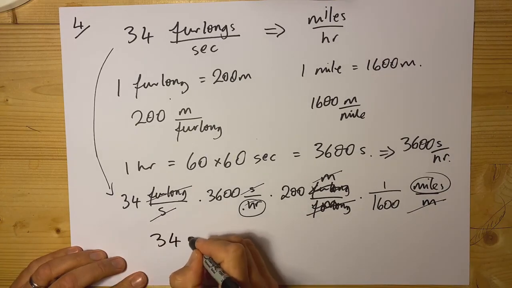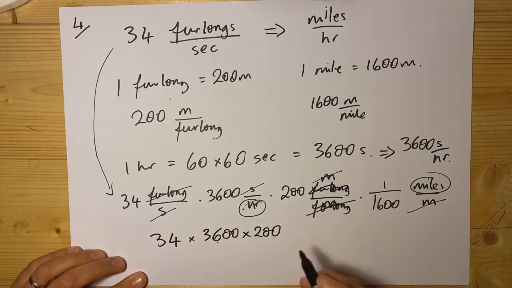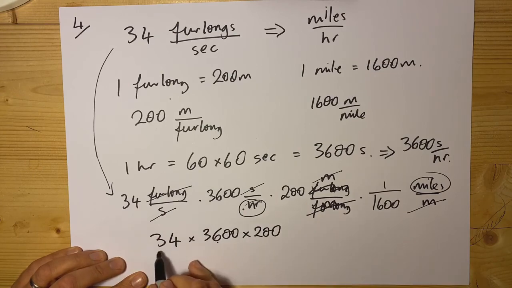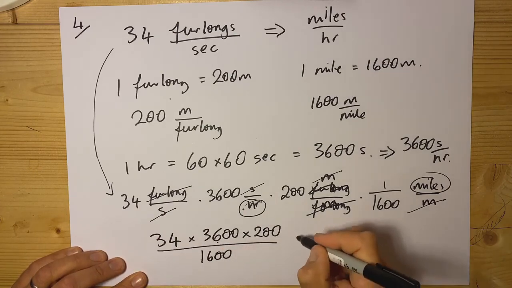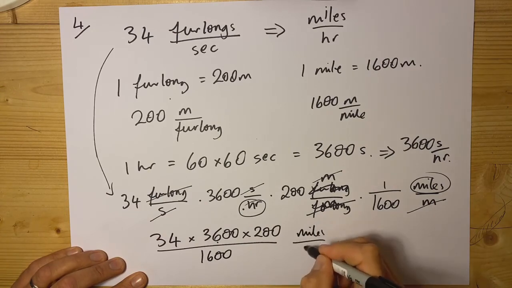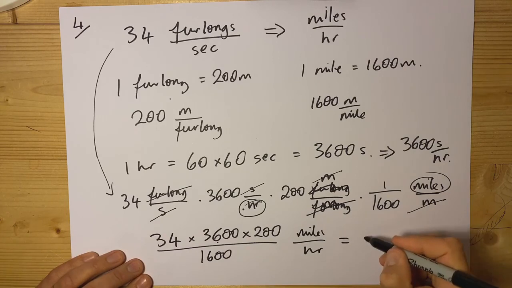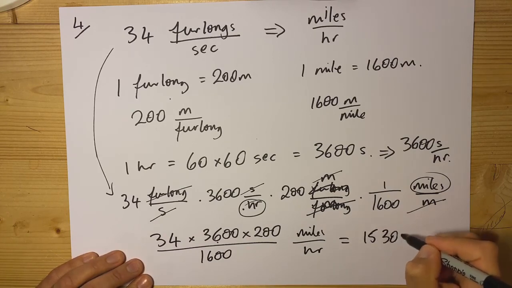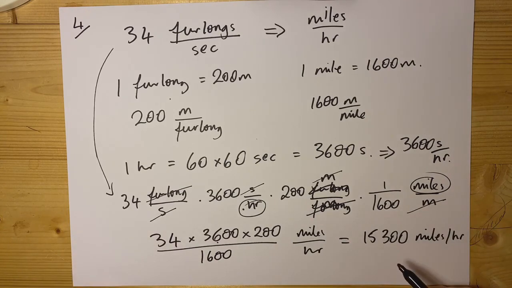So 34 times 3,600 times 200 times 1 over 1600, which is the same as saying dividing by 1600. And that's going to have units of miles per hour. And if you were to put that into your calculator, you're going to end up with 15,300 miles per hour, which is very, very fast, as you can probably work out. In fact, it's about 20 times the speed of sound.